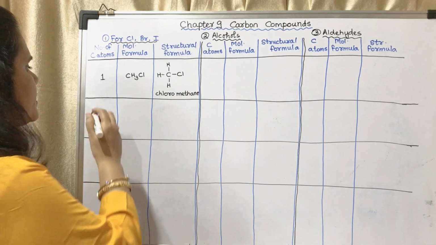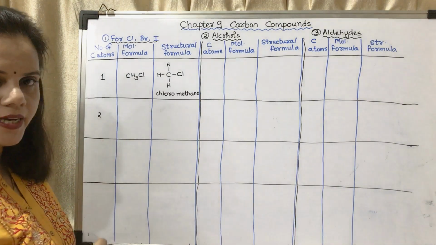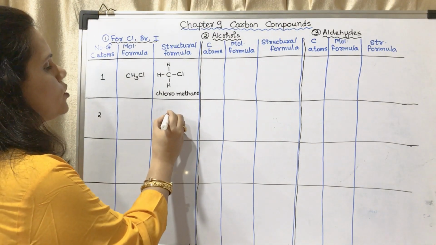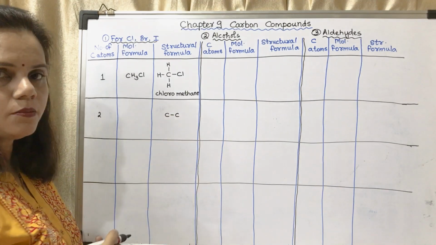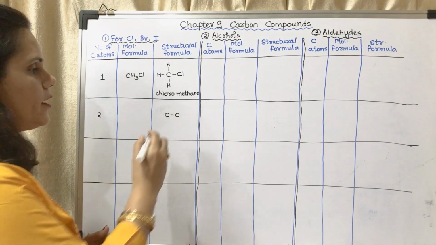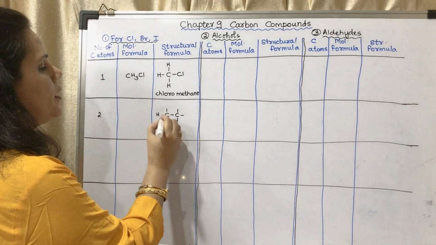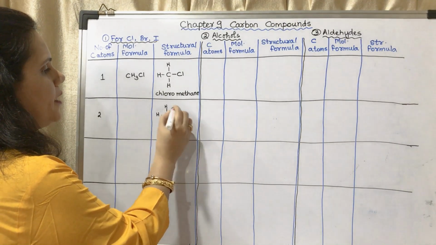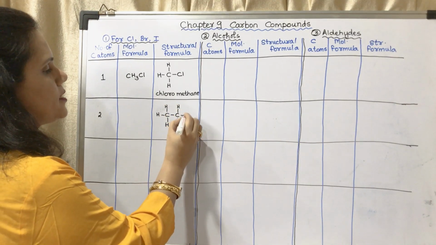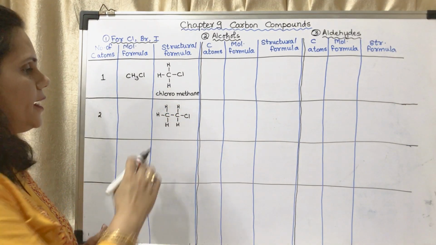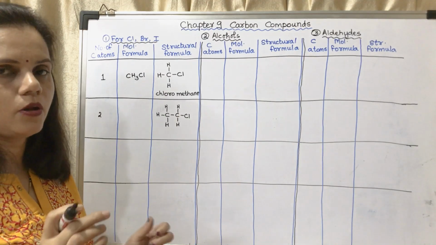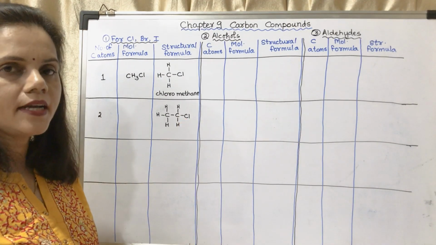Now the next, which is having 2 carbon atoms. So I have drawn 2 carbon atoms, 4 lines on each side of carbon, and 1 H is substituted by Cl. It could be anywhere, but I have written it here.